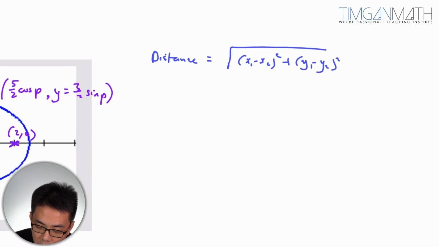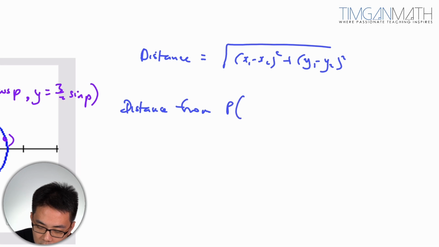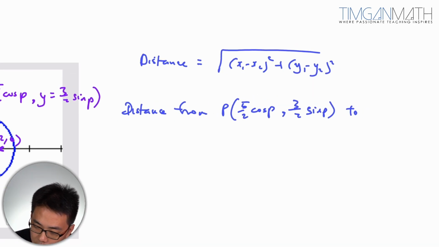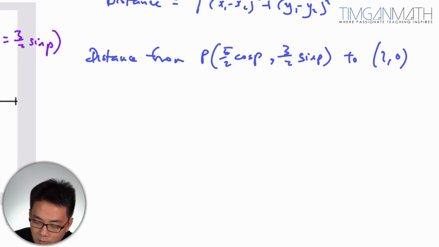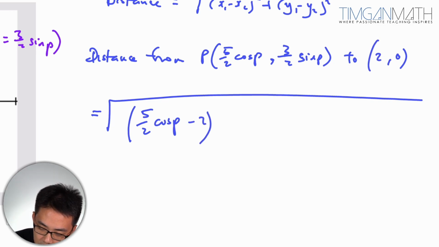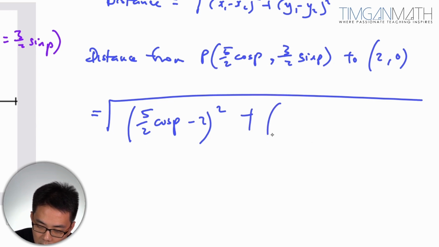So the distance from P, which is 5 over 2 cosine P, comma 3 over 2 sine P, to (2, 0) will be the square root of (5 over 2 cosine P minus 2) squared, x1 minus x2, plus (3 over 2 sine P minus 0) squared.